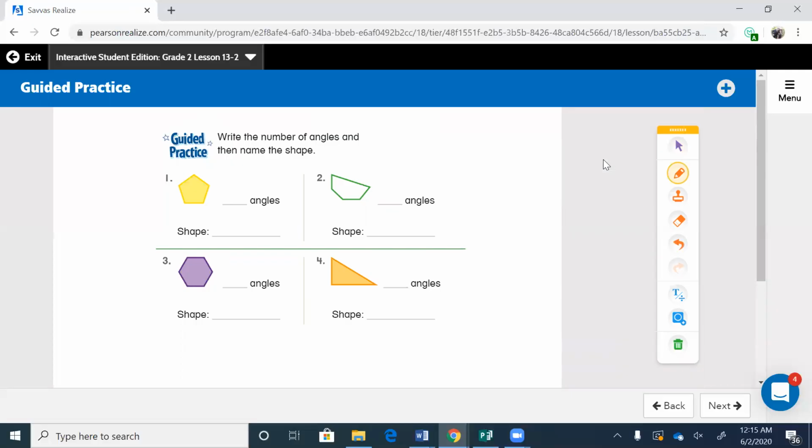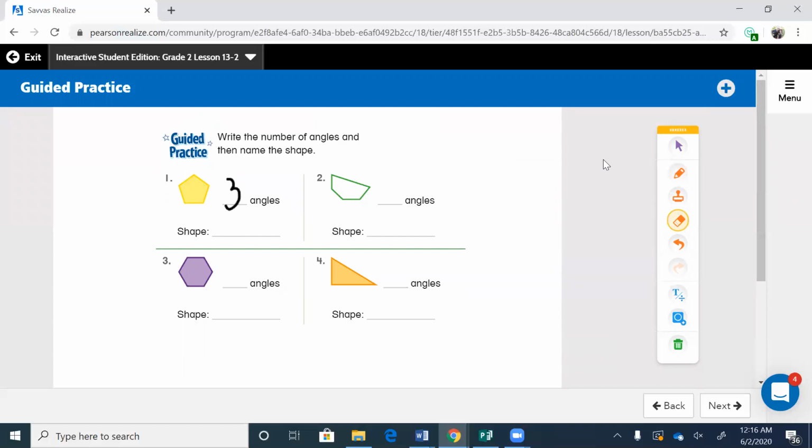Okay. So let's count these angles here. It's so small, it's really hard to do. I can barely do it like this. 1, can't draw it. 2, 3. 3 angles. Now I have to erase it to even see what it is.